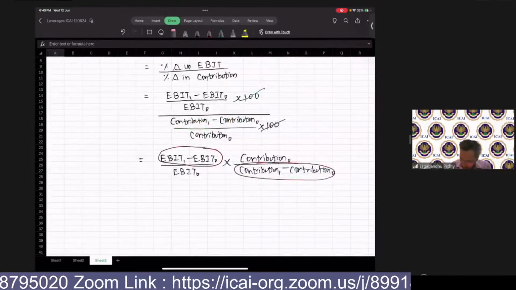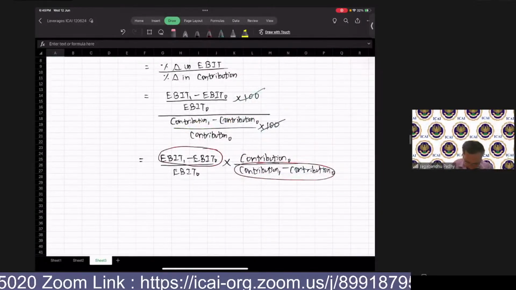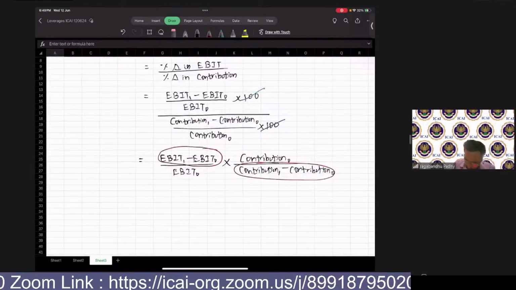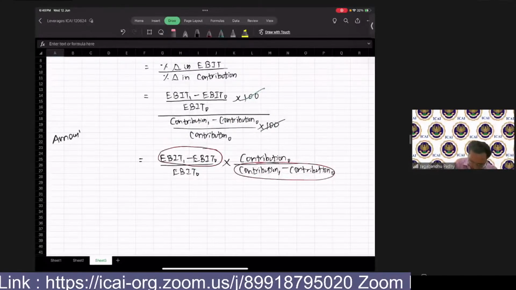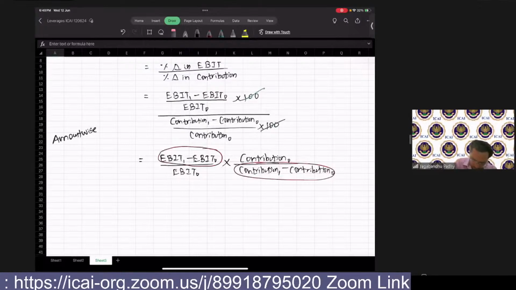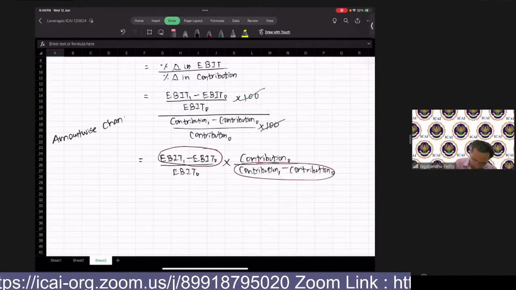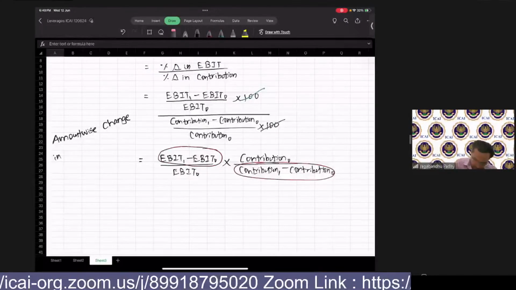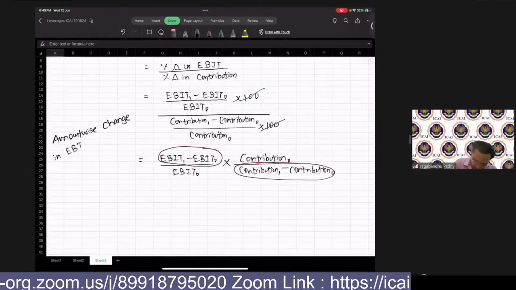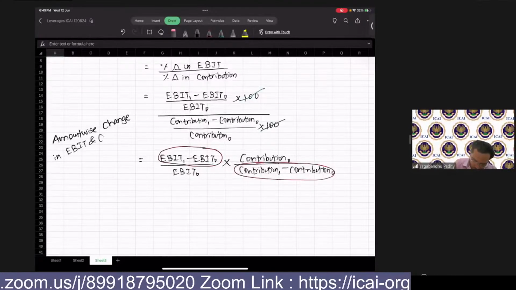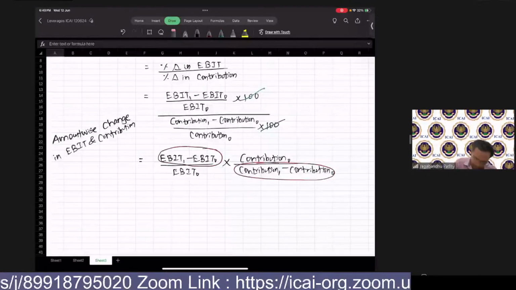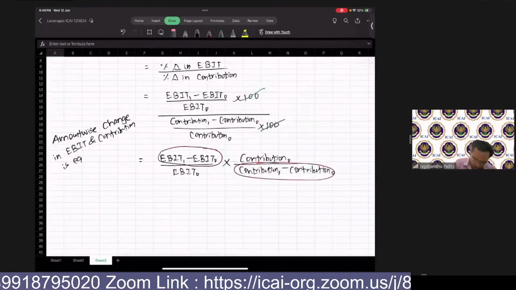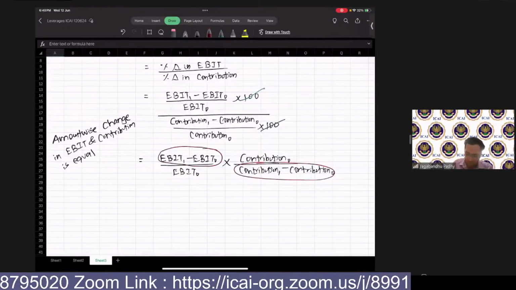So we can say that the amount-wise change in EBIT and contribution is equal.